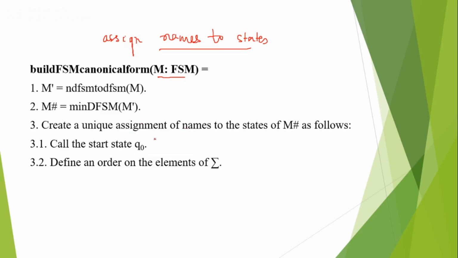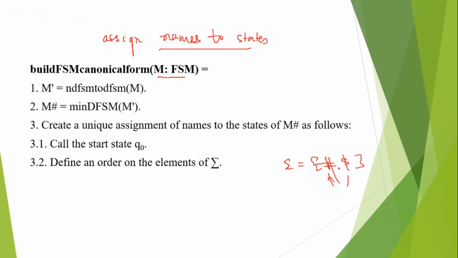First, call the start state Q0, and define an order on the elements of the alphabet. If the alphabet contains characters, such as # or $, you define one as first in the order, and next you take the other.